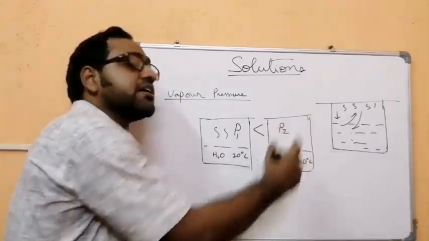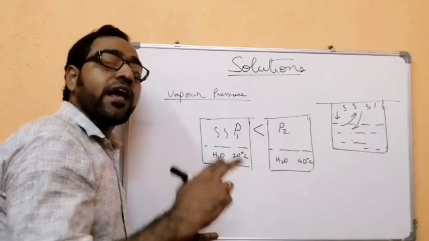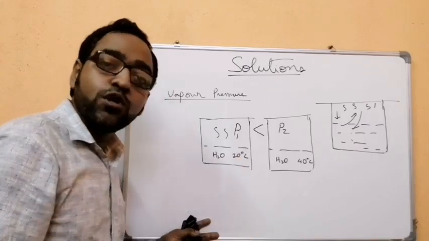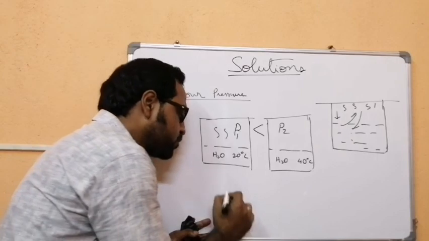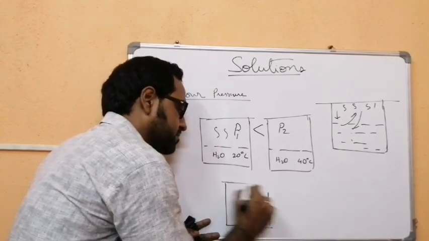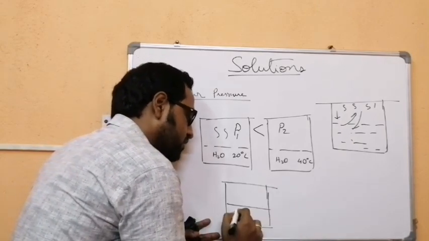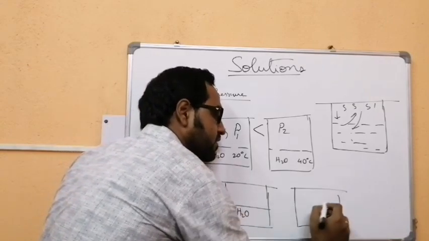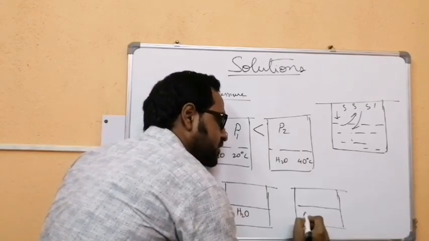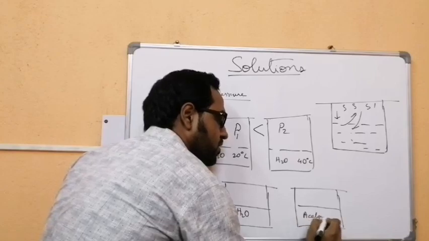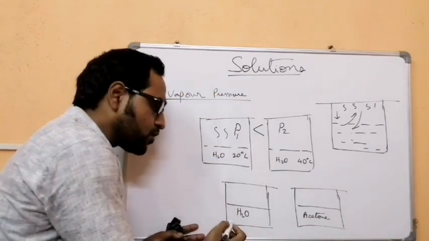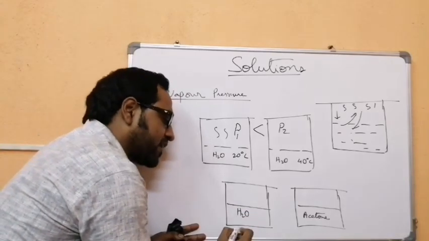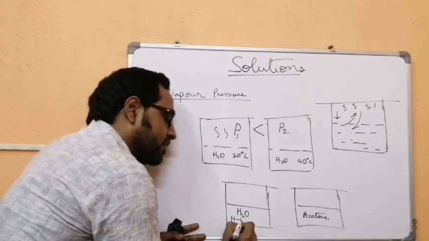Okay. Now this vapor pressure also depends on another factor, that is called intermolecular forces of attraction. Suppose you have two liquids. One is water, another you have acetone. Now, in case of water, the intermolecular forces of attraction is hydrogen bonding.